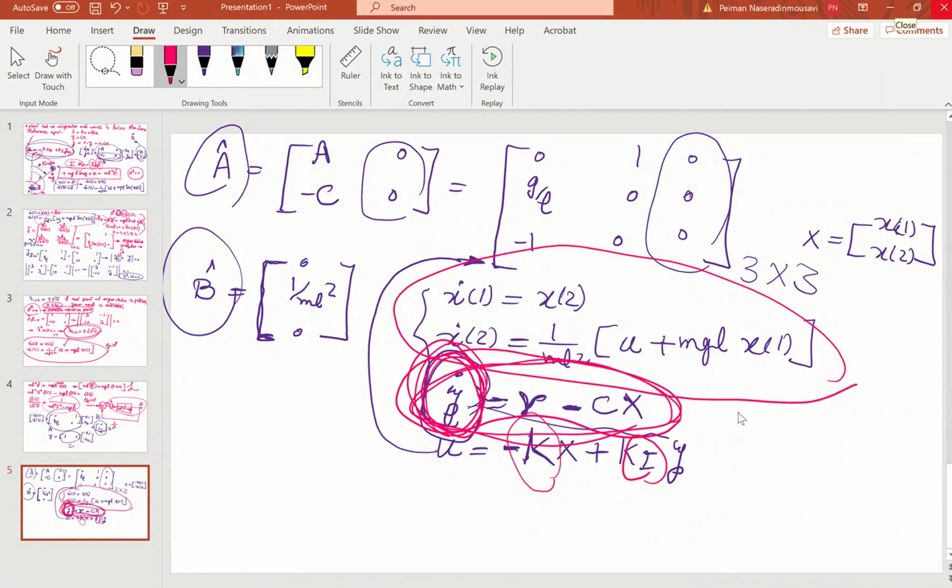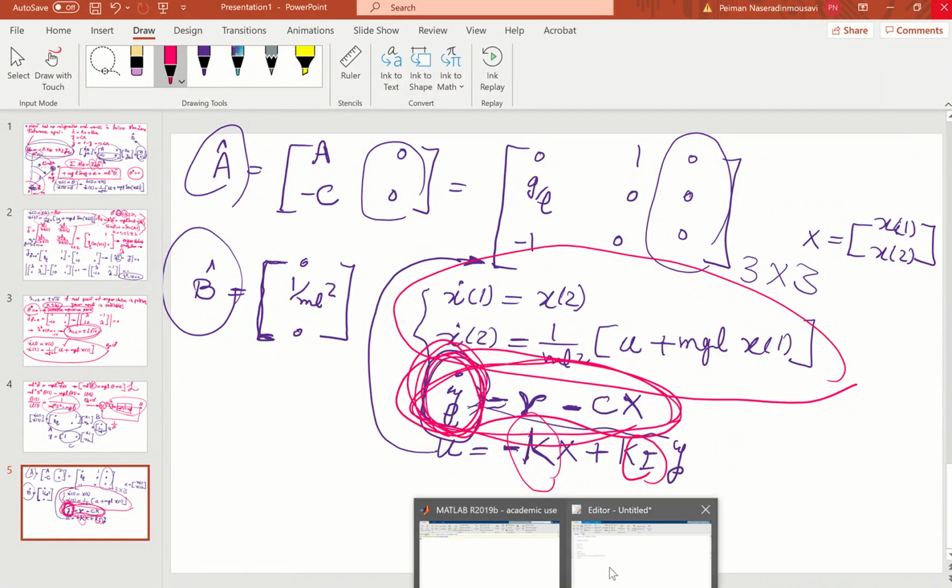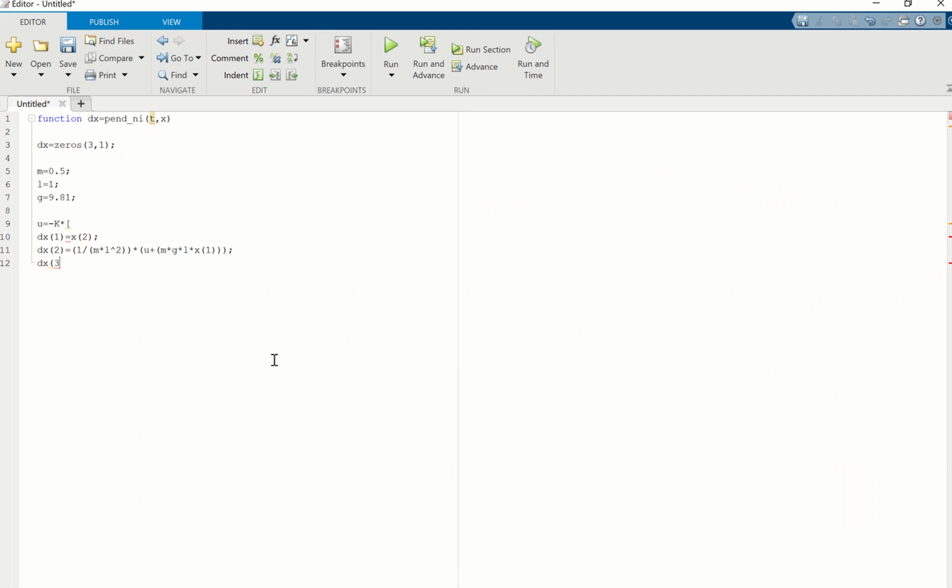dx3 is r, your set point, that can be the temperature of the room, can be the speed of the car, minus C times x. Your x is x1, that's right, and x2, that's right.